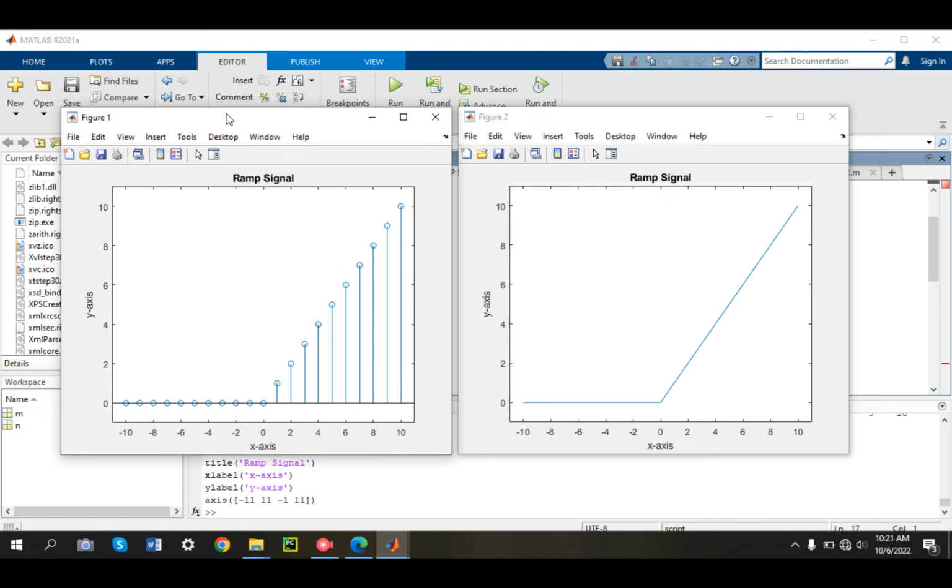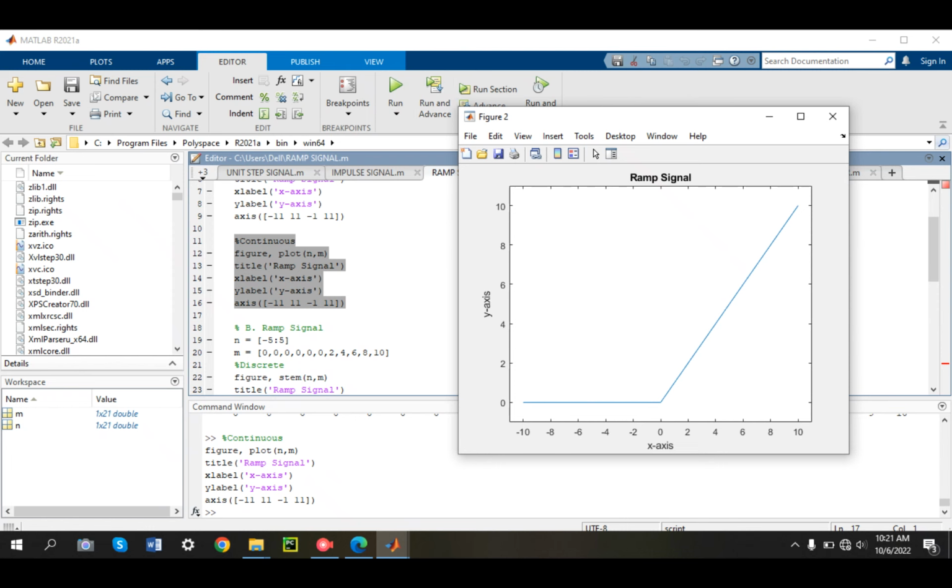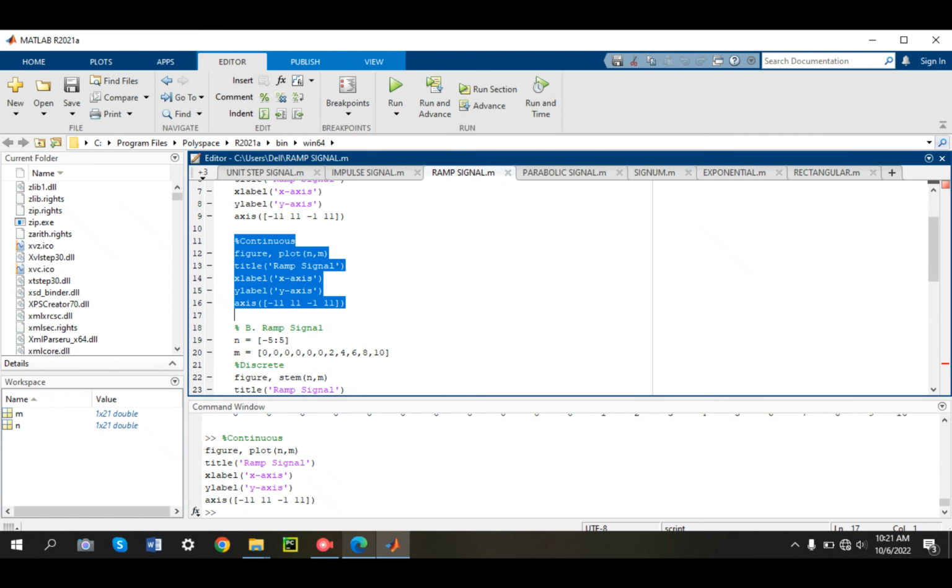This is the graph result, the discrete and the continuous. So we will now proceed to condition B.